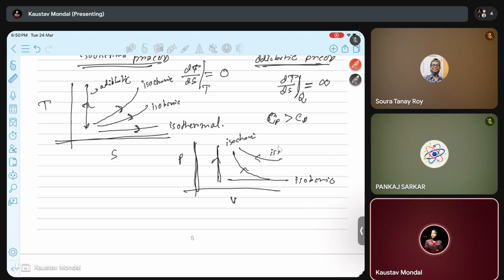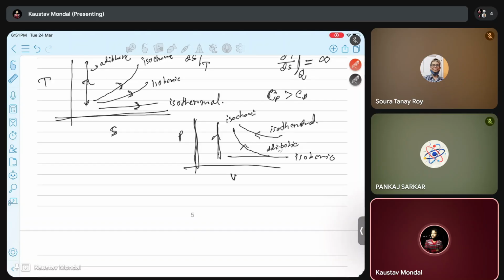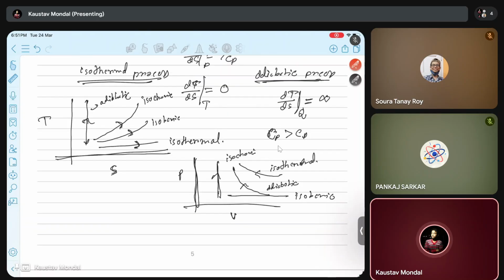As you can see, there is a clear distinction between the TS diagram and the PV diagram for each of these processes.